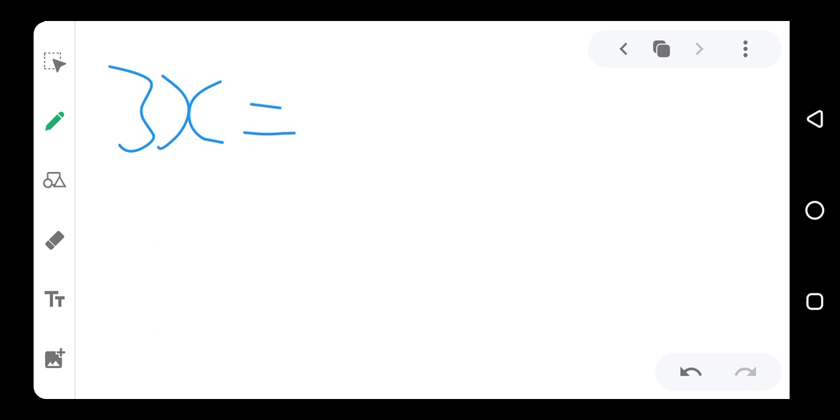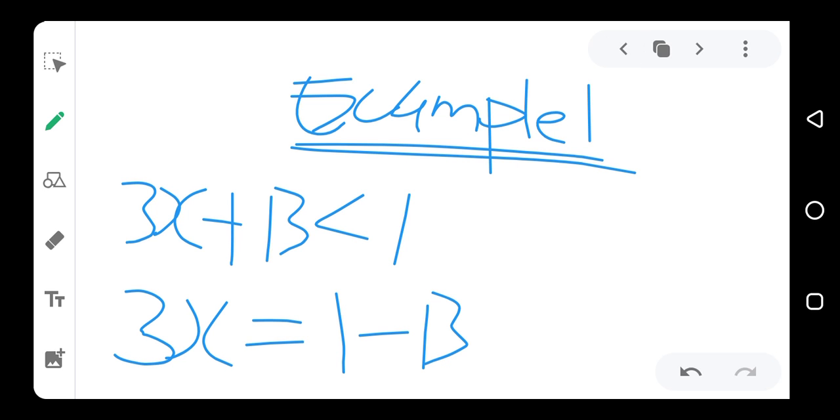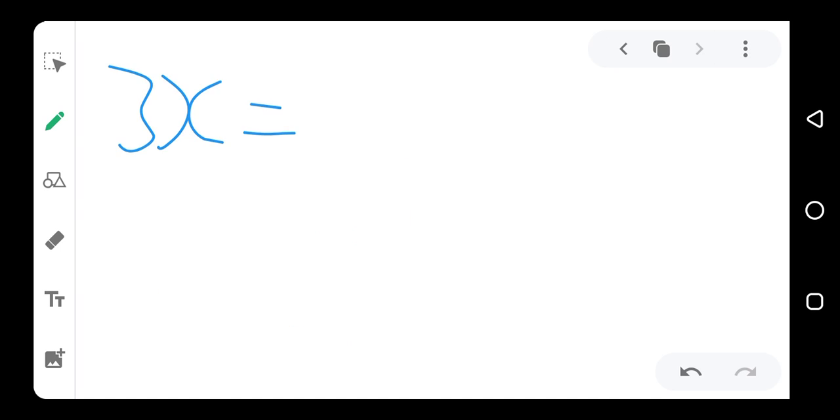So 3x is less than 1 minus 13, which is minus 12. Then if we want to get x, we divide both sides by 3. Remember that 3 is not negative.